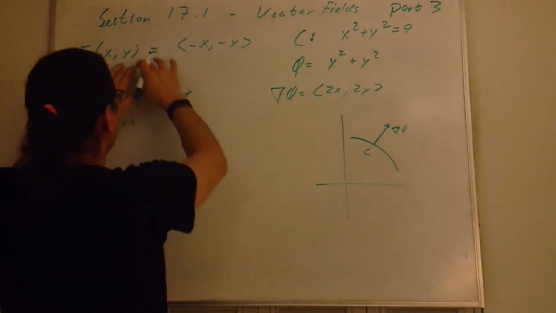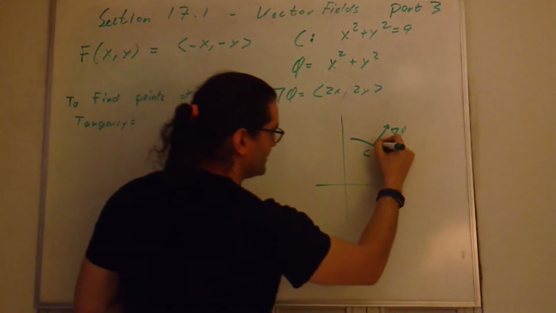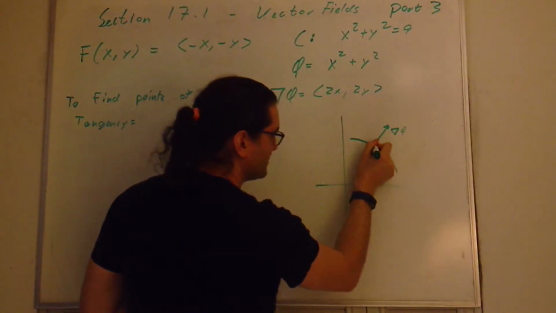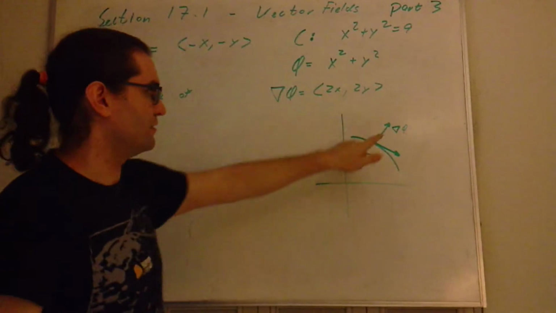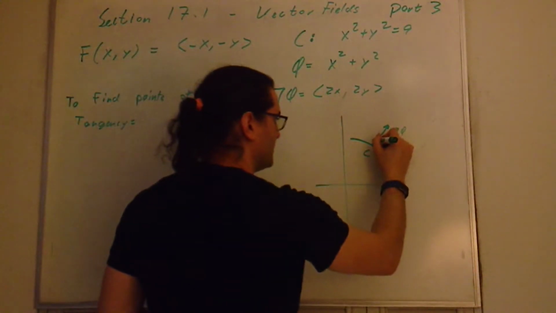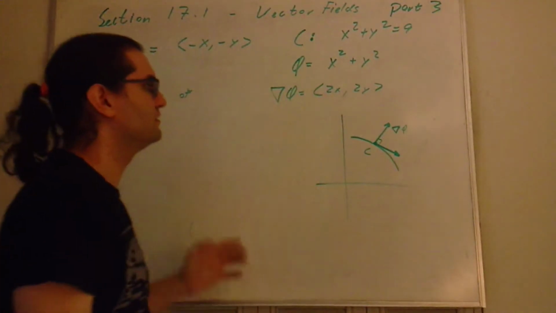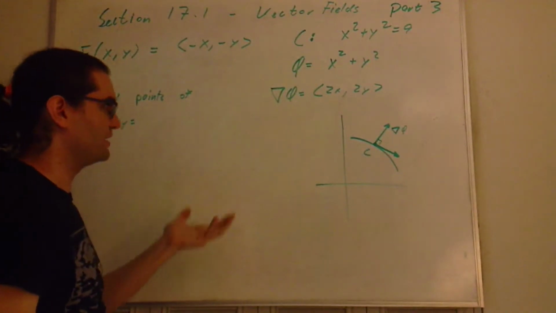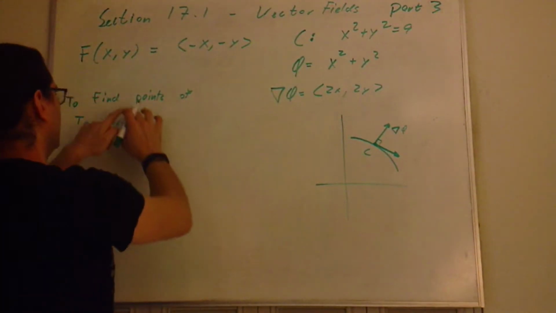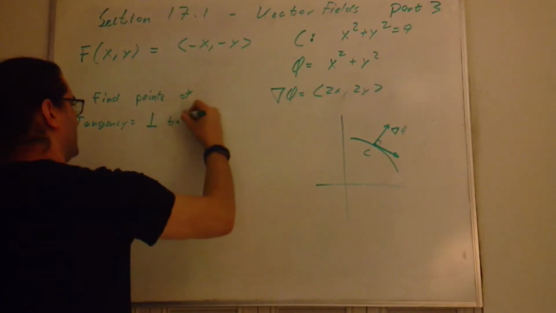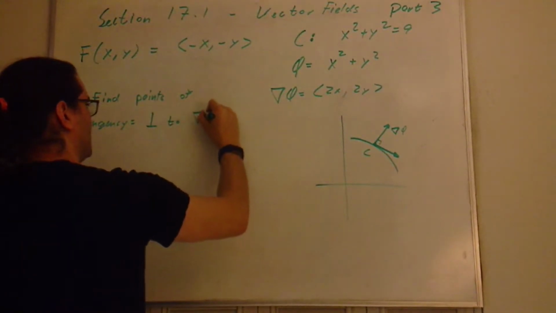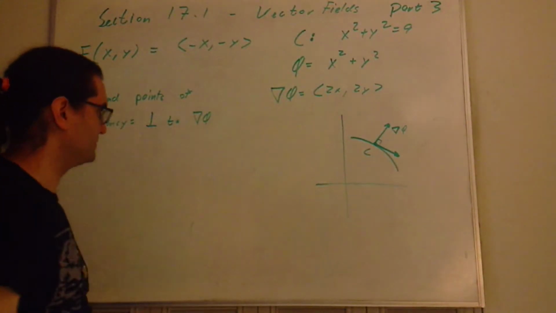If we want points where the function is tangent to the level curve, that means perpendicular to the gradient of the potential function. So tangency means perpendicular to gradient of the potential function.